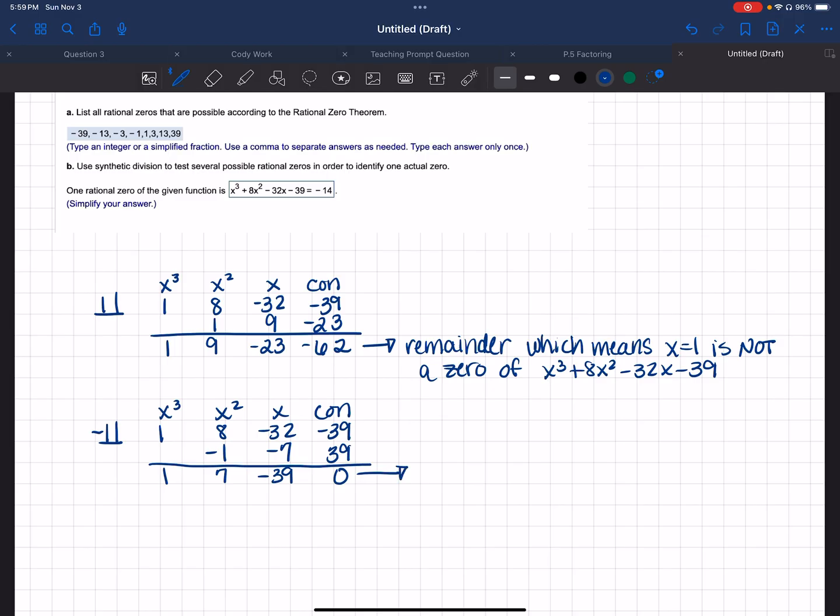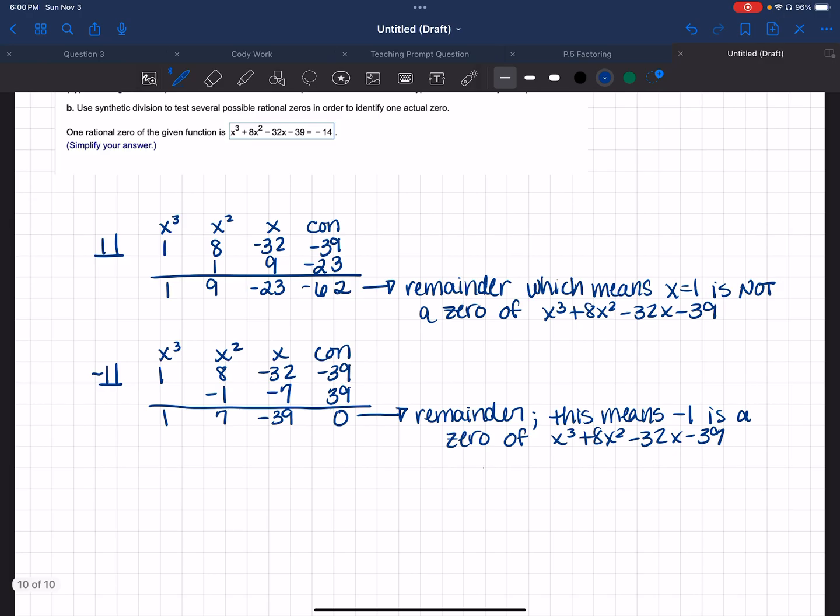This time, since I got a remainder of 0, this means negative 1 is a 0 of x cubed plus 8x squared minus 32x minus 39. So in part B, where it says one rational zero of the given function is, in that box, we would write negative 1.